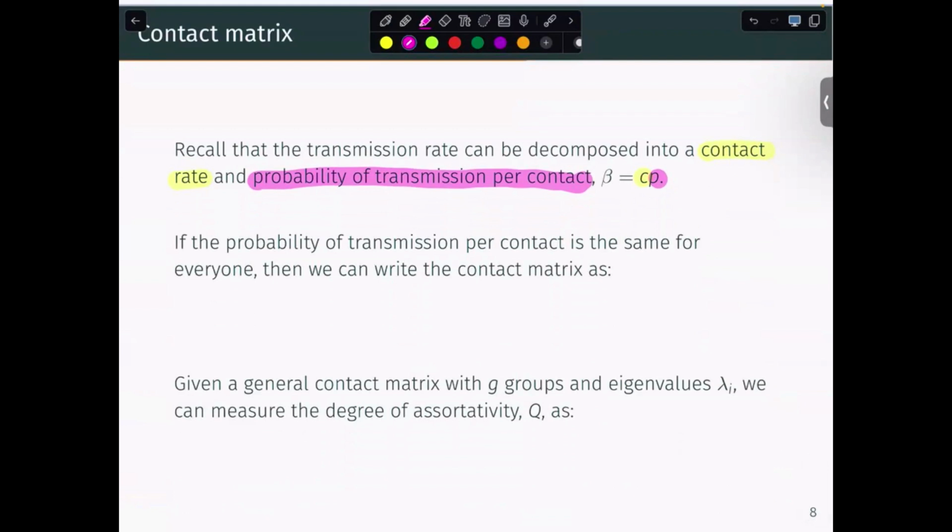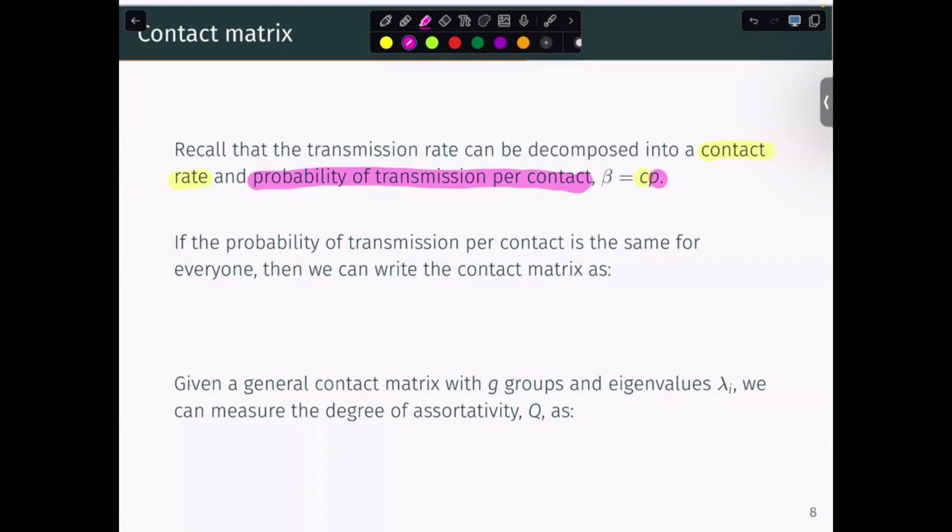So again, in the context of something like a sexually transmitted infection, it's all about contact rates, and we're not assuming any differences in terms of things like condom use. So if the probability of transmission per contact is the same for everyone, in other words, there's no heterogeneity in that probability, the heterogeneity is only in the contact rate C.